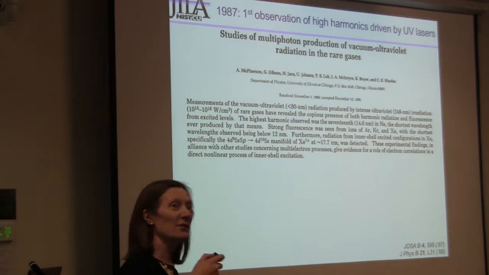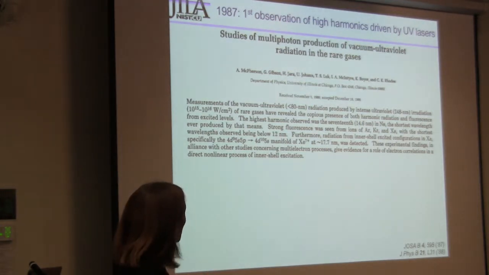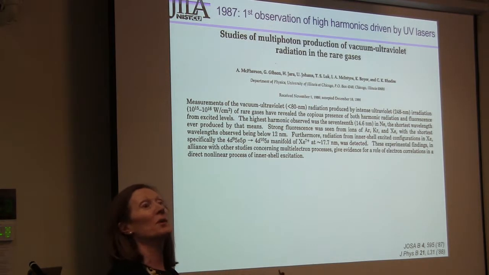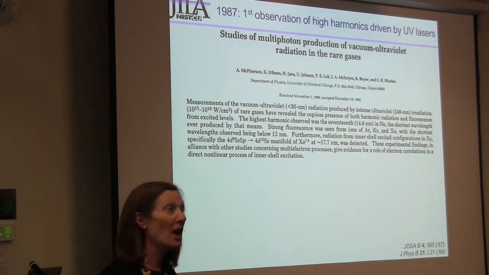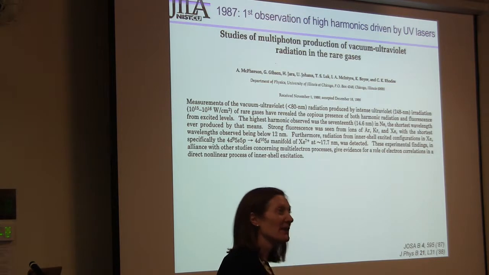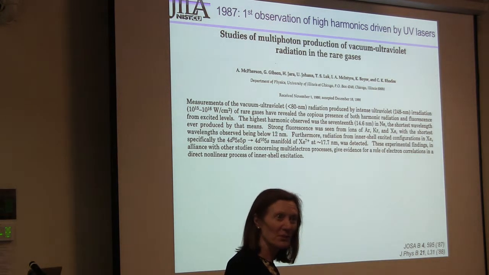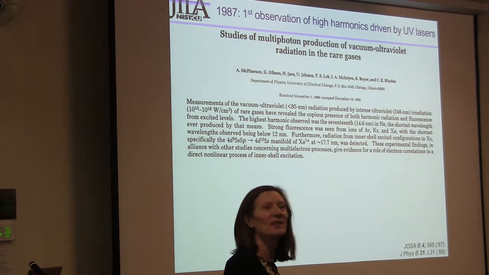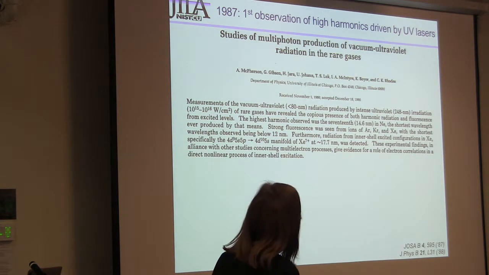Because actually, the first harmonics were done, because the first powerful femtosecond lasers were based on excimers. Those had a lot of energy. So we went back to see, well, why are we seeing this and why wasn't it seen before?